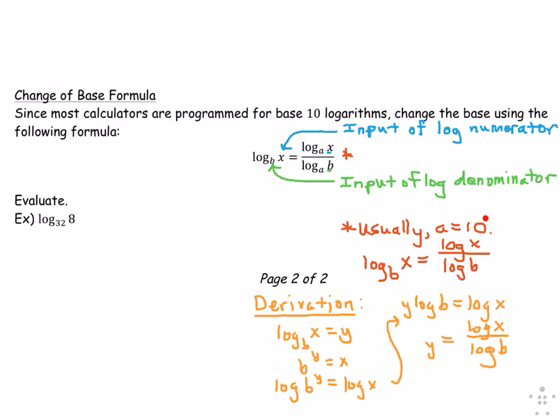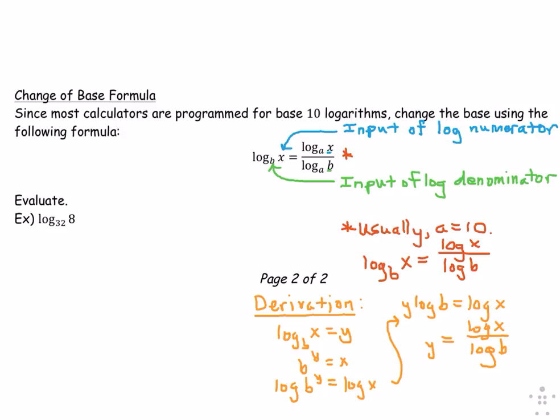And here I'm assuming that A is 10, because that's typically what people would do, and they would just use their calculator and move on. But what's really nice about this is the x is physically higher in its written position than the subscripted base is. So the one that's physically higher, not necessarily numerically larger, goes into the numerator, and the one that's physically lower goes in the denominator.